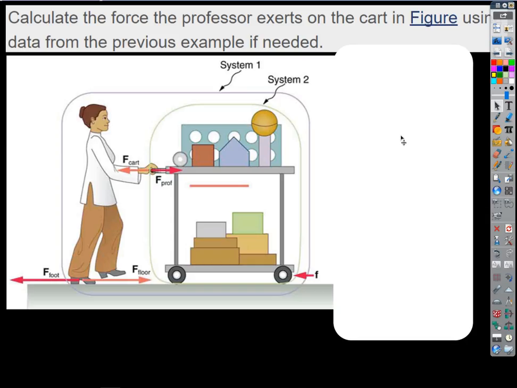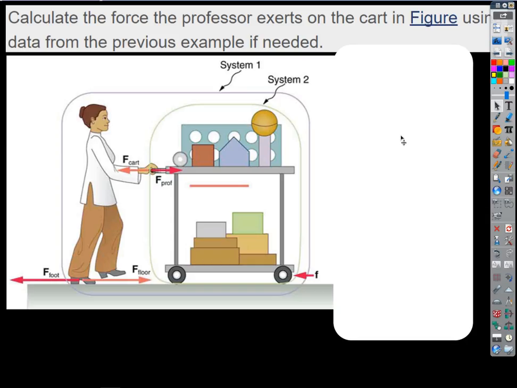That would be system 2. The professor is now outside of that system. We're only considering the cart itself. We don't need to consider the vertical forces, we'll ignore those, they cancel. What are the horizontal forces acting on the cart? Friction and the professor.